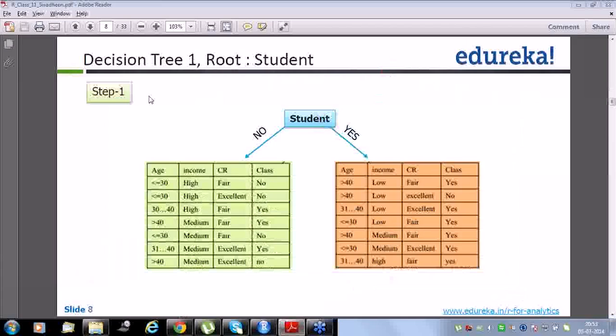Let's say we design the tree taking the root node as the student value. We have two categories in student: whether he is a student or whether he is not a student.